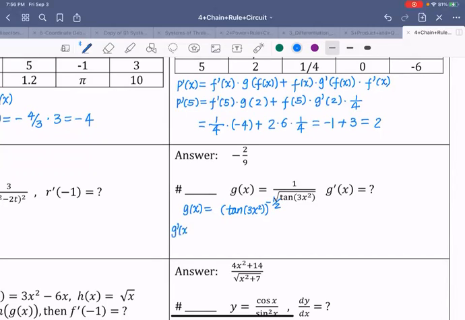And then you can do -1/2 times tangent of 3x squared to the power of negative 3/2. And then times, is it secant squared of 3x? Mm-hmm.